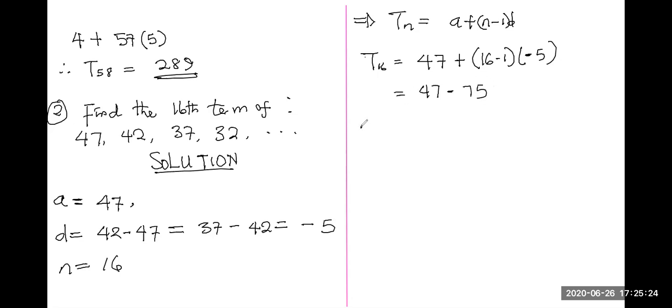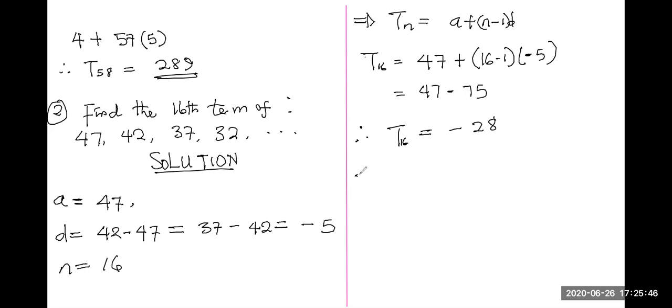Therefore, when you simplify, our T16 gives us minus 28. What that means is that when you keep on removing 5 from the first number, by the time you get to the 16th term, you are going to have minus 28.